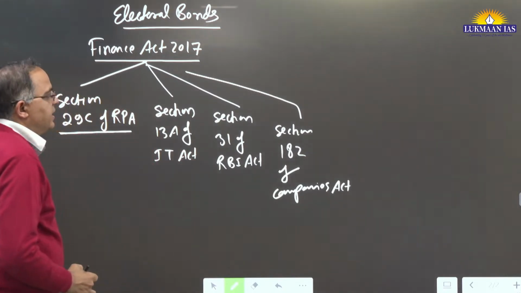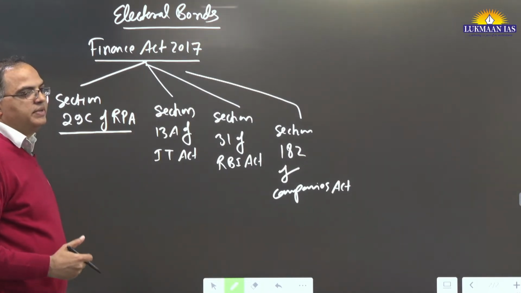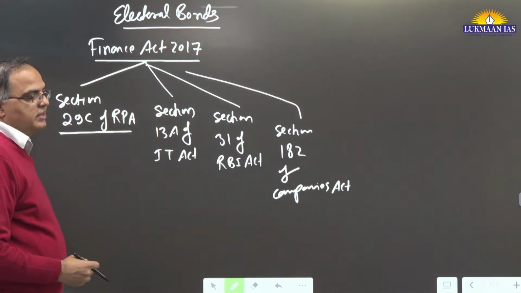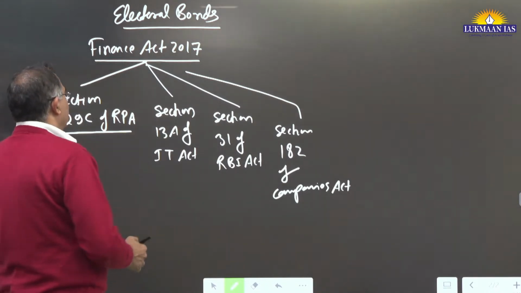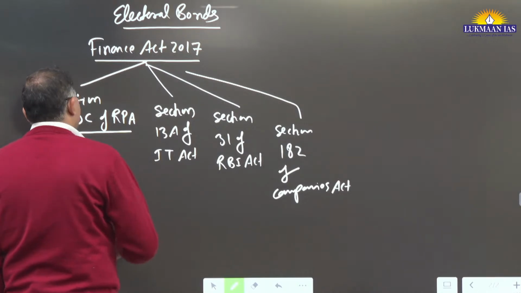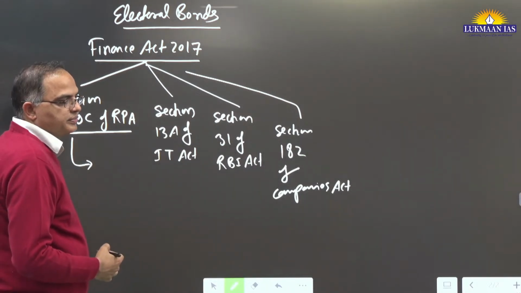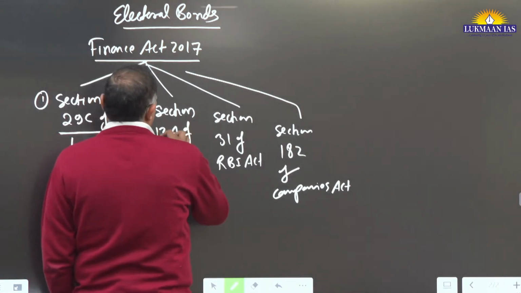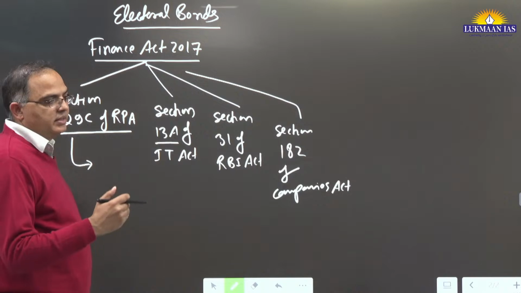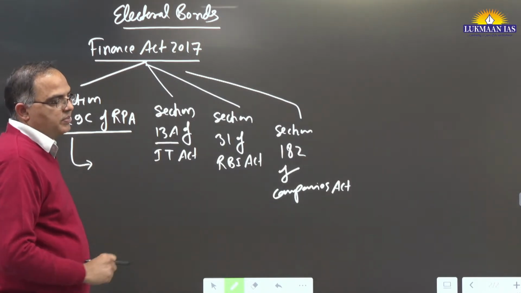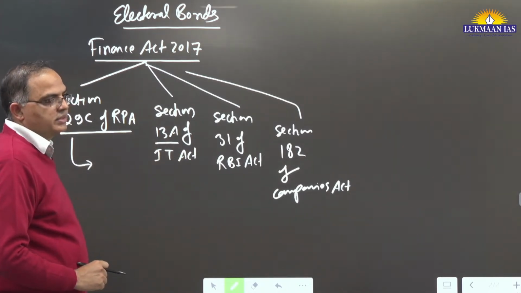Under section 29C, political parties receiving electoral bond related funds don't have to maintain those records, and they don't have to disclose them. The same is true of 13A: they are not expected to maintain records of those electoral bonds or disclose them.